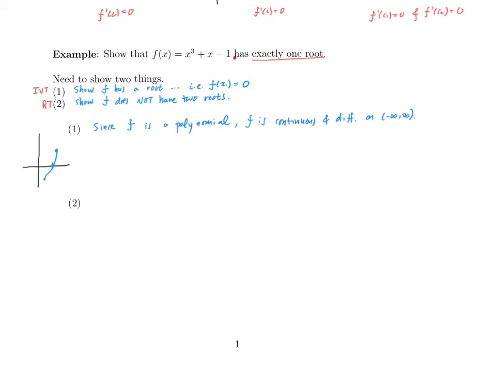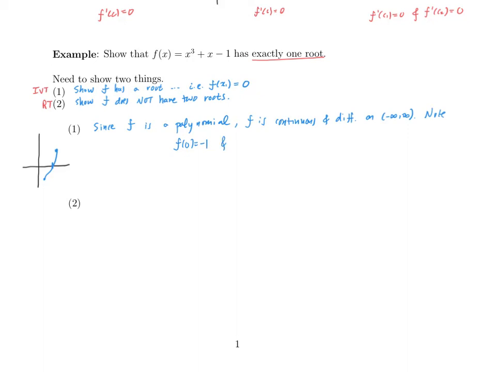And looking simply at this minus 1, that indicates to me an input where I will have a negative output. So let's just note, if you calculate f of 0, you get back minus 1.